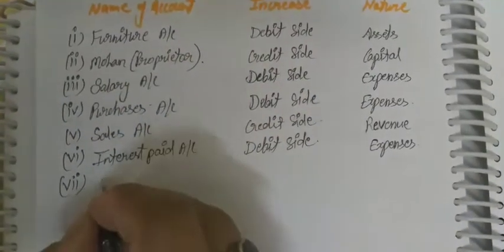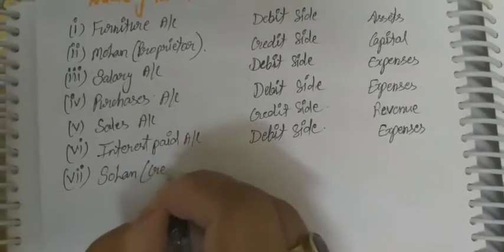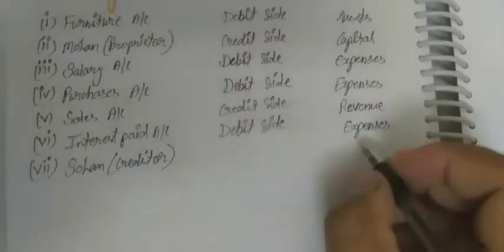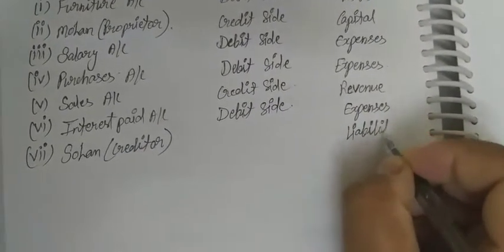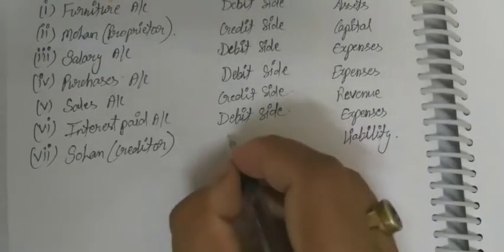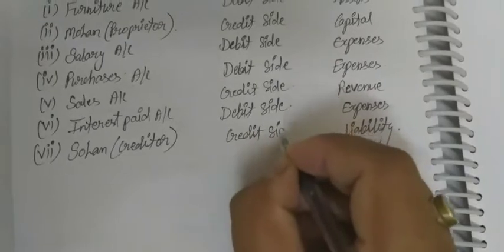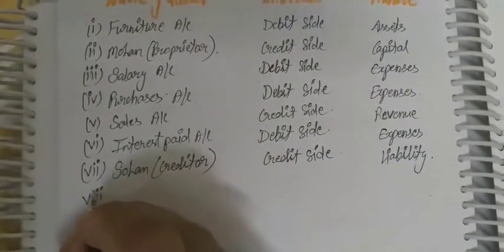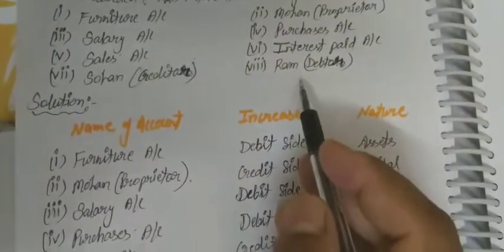Next, Sohan, it is a creditor. And if it is creditor, so this is the liability of a business. And if it is liability, so then it will increase in credit side. And last, there is Ram, who's debtor.